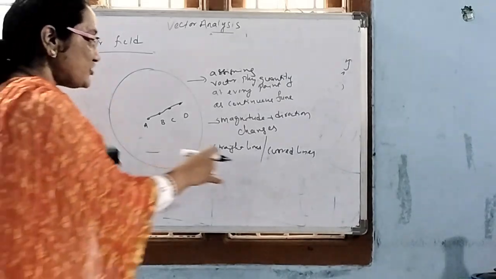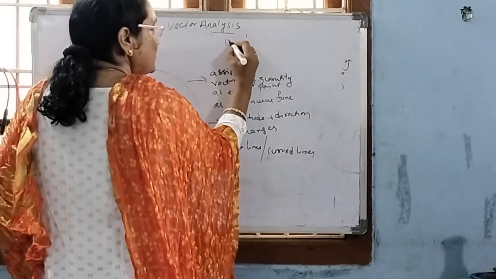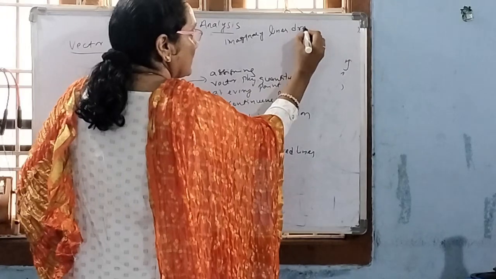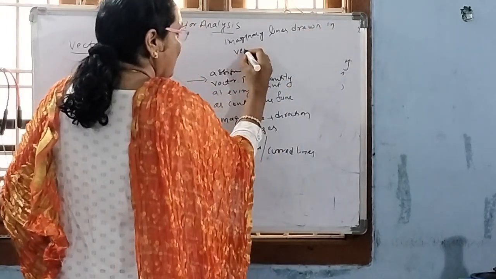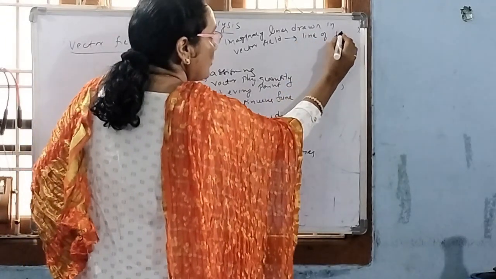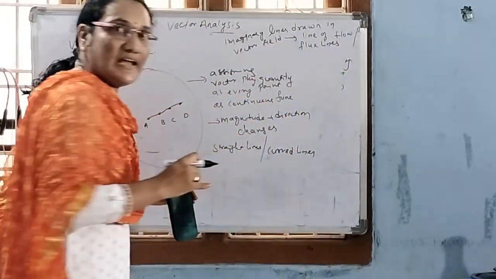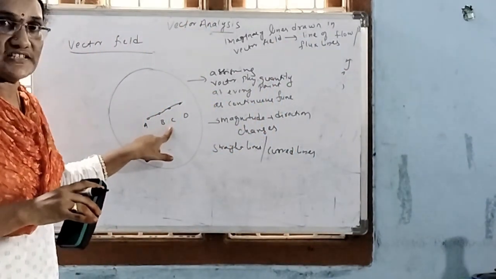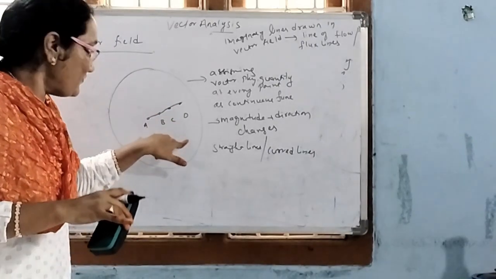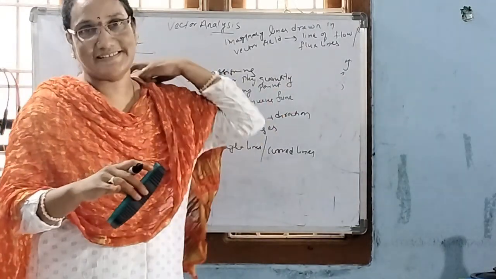These imaginary curved lines drawn in the vector field, we call them lines of flow, or flux lines. The imaginary lines drawn along the path of the vector quantity in the vector field, we call line of flow or flux lines.